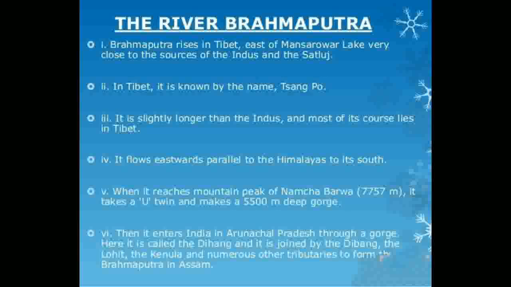It flows parallel to the Himalayas to their south, and it takes a U-turn when it reaches the Namcha Barwa peak, which is around 7,757 meters above sea level. Through a gorge which is around 5,500 meters deep, it enters Indian territory through the state of Arunachal Pradesh.